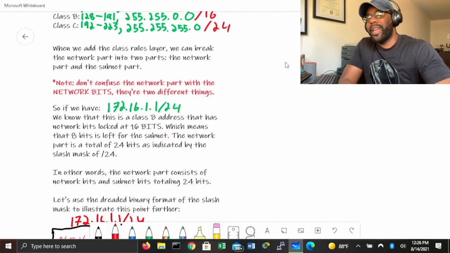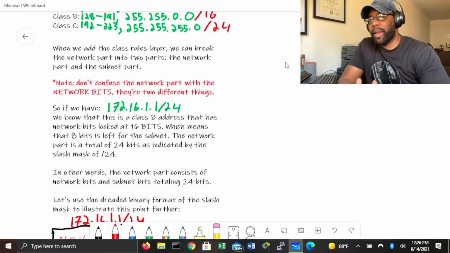Now, when we add the class rules layer, we can break the network part into two parts, the network part and the subnet part, right? So we have, again, as per the class rules, this fixed bit setup depending on which class the IP address is in.